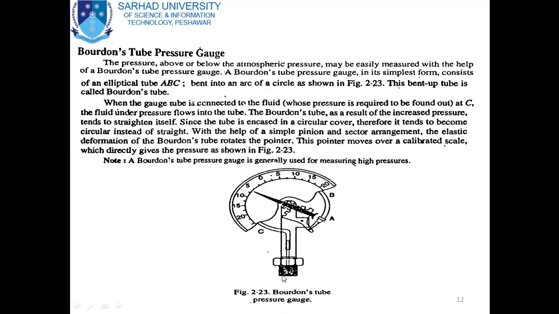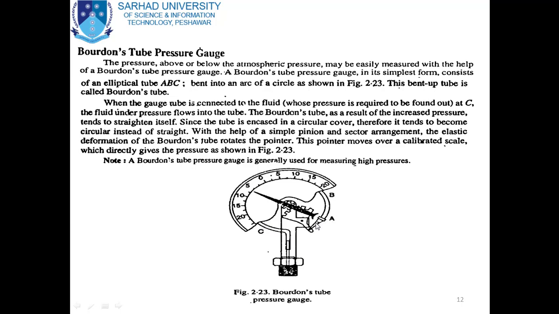So to find the pressure with the help of Bourdon's tube pressure gauge, the tube is connected at point C and the valve is opened. As you open the valve, the fluid moves in the tube with high pressure.